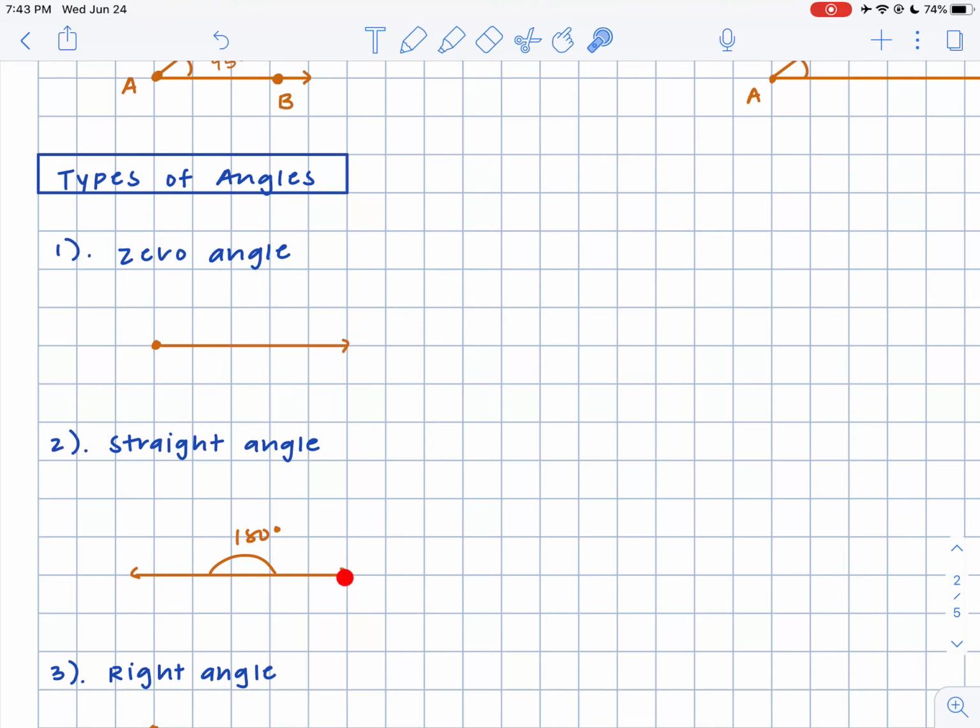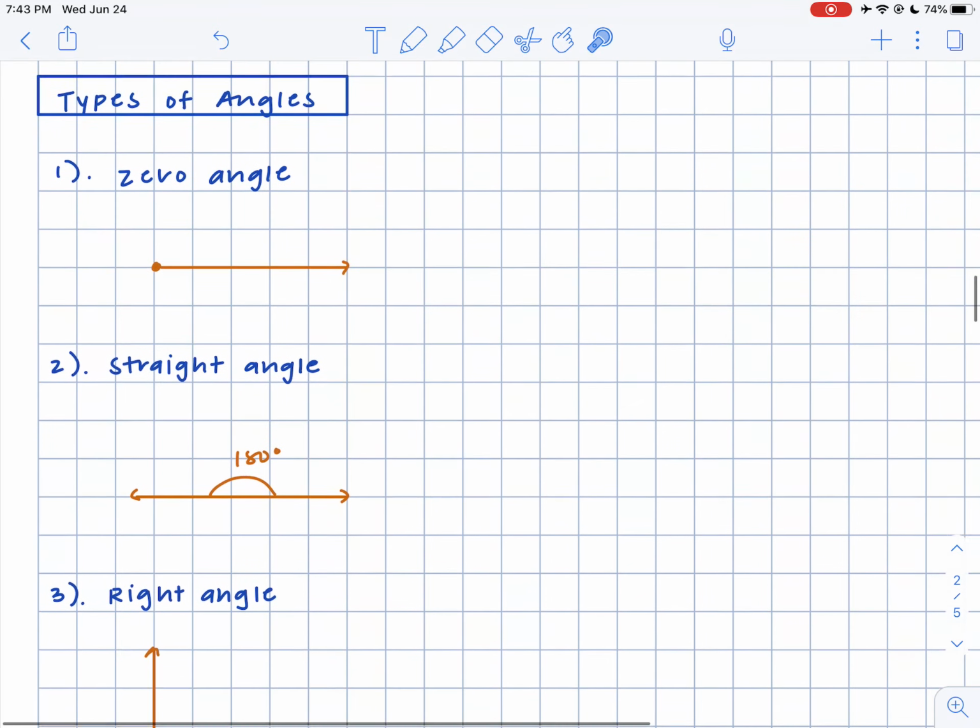This arrow indicates it's going on and on infinitely in this direction. This arrow indicates it's going on and on in this direction. So zero angle would be a ray, straight angle is a line. And we say it's straight because it's obviously straight and it makes an angle of 180 degrees. No more, no less. It's 180.